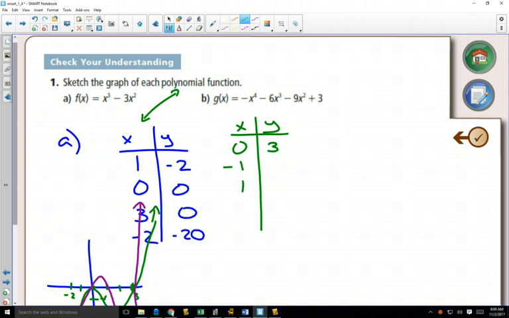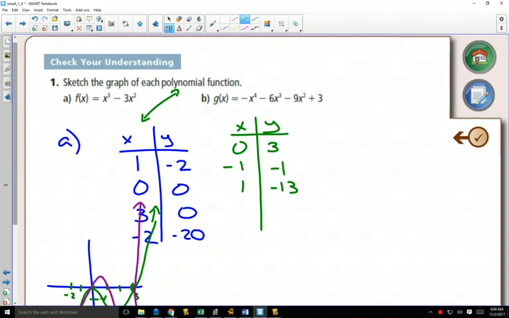Of those two, which one do you like better? 1 is probably easier to start with, so we get -1 minus 6 minus 9 plus 3, -13. And if you plugged in -1, you'd get -1 plus 6 is 5 minus 9, -4 plus 3, -1.